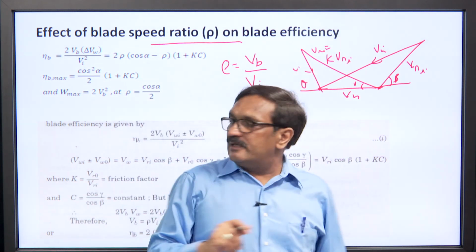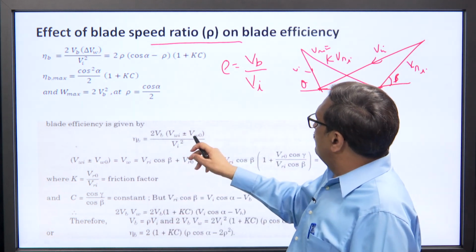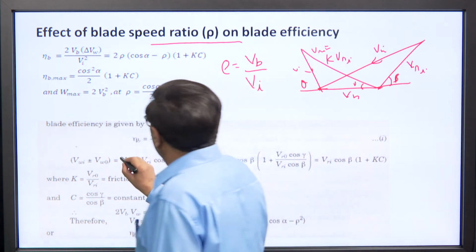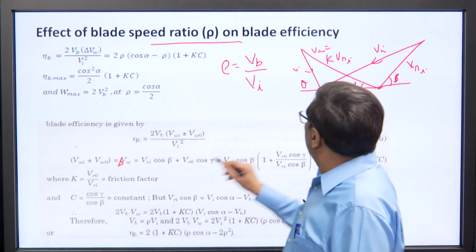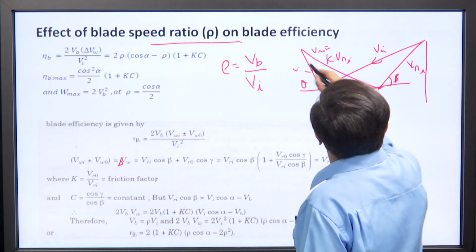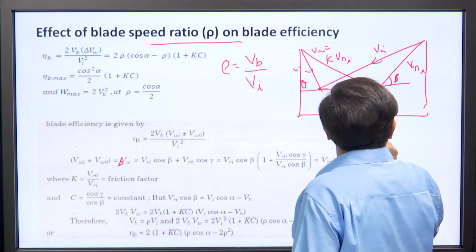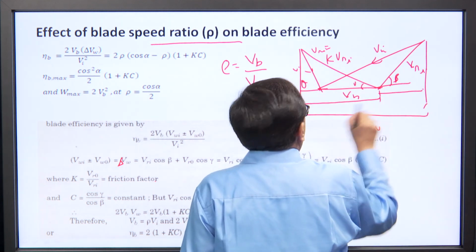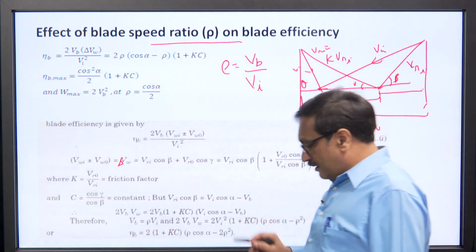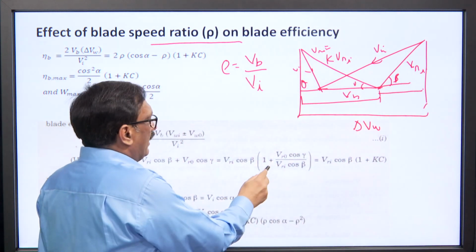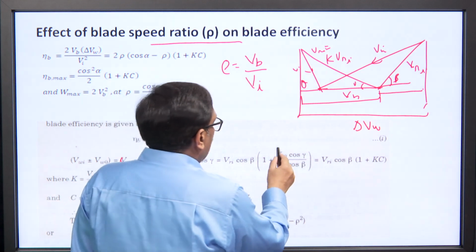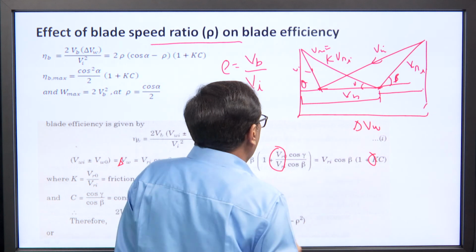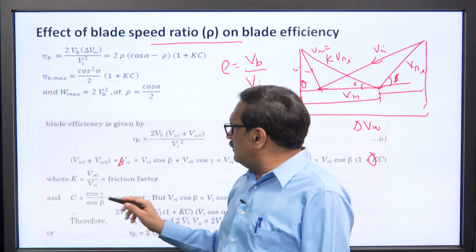The blade efficiency we can write down as we have seen, and we have derived it earlier, where this delta V_w can be written as V_rI cos beta plus V_rO cos gamma. Then this V_rI cos beta we are taking outside, where V_rO upon V_rI is nothing but the blade velocity coefficient k, and we have taken the ratio cos gamma upon cos beta as another constant c.